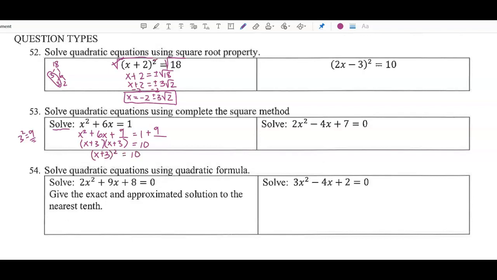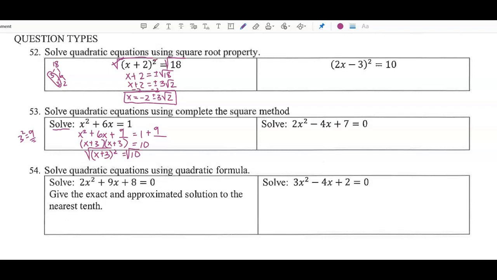equals 10. And then we'll do the same thing that we did above there, where we'll take the square root of both sides. Right? And if we try and break down 10 like we did 18 up here, it only breaks down to be 2 times 5. So there's nothing that gets to come out of that square root.